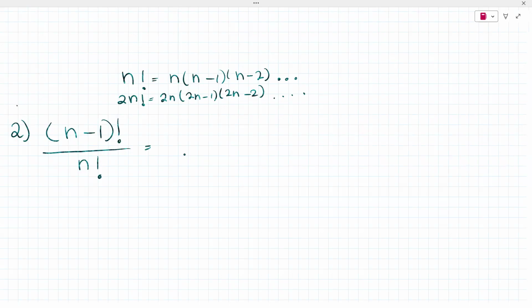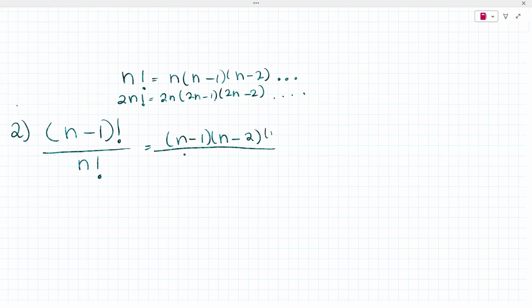So on the top, n minus 1 factorial will be n minus 1 times n minus 2, you keep subtracting one number. And then on the bottom, we could keep on going, right?